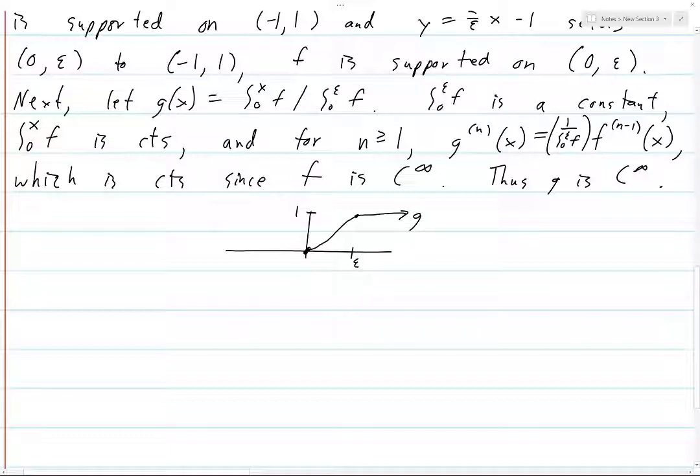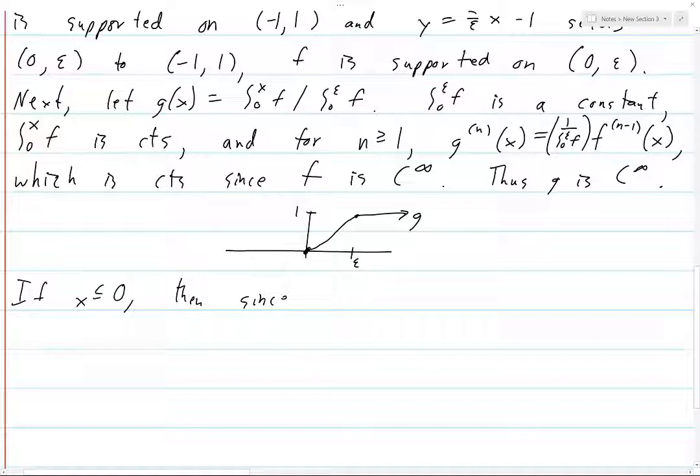If x is less than or equal to 0, then since f is 0 on the interval from x to 0, we have the integral from 0 to x of f. If you have x less than or equal to 0, then if you put the leftmost point on the bottom, it's the integral from x to 0 of f, and you have to put that minus in there, because of how integrals work.